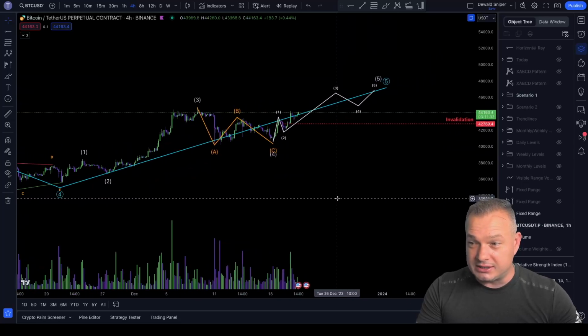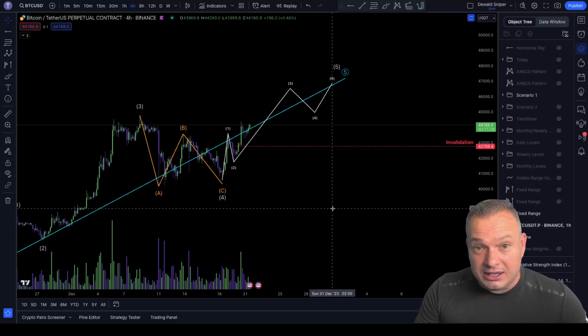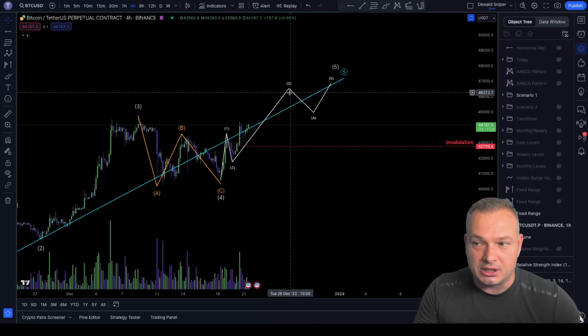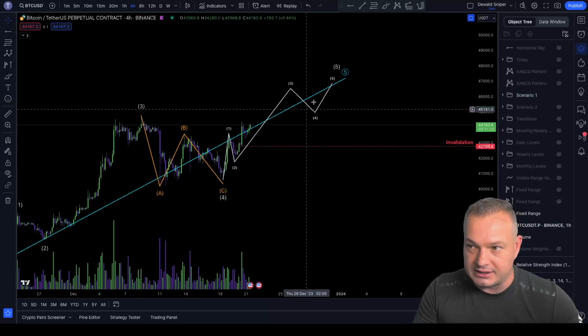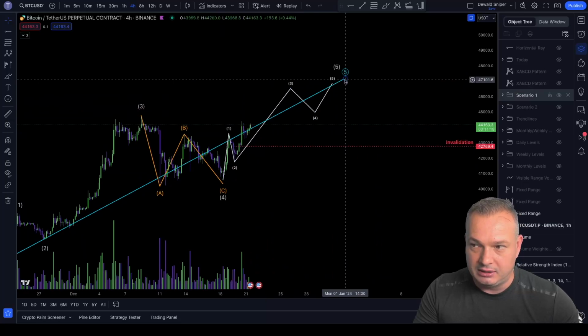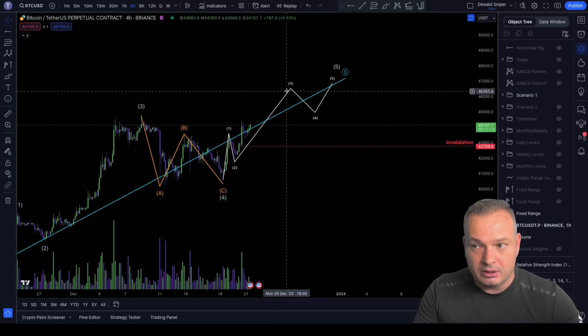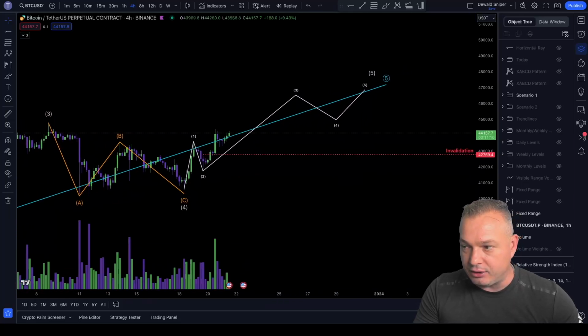1, 2, 3, 4, 5. So this is the one scenario that I'm keeping in mind, is to say that what now needs to happen is we need to start finding impulsivity to the upside to go and complete the 3rd wave inside of this 5th wave to the upside. Okay, so it's important that we move up to at least the 1.618, and what I mean by that is a 3rd wave target.